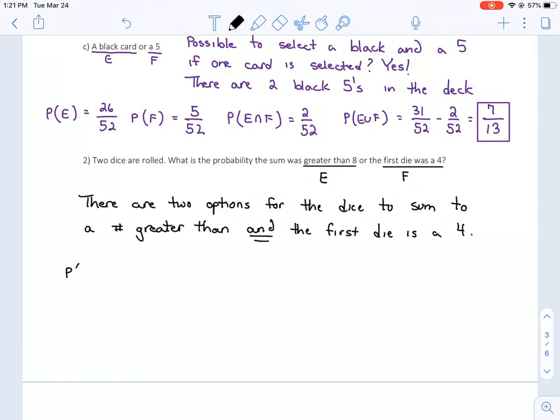So the probability that the sum is greater than 8 is 10 divided by 36. The probability that the first die was a 4 is 6 divided by 36. And the probability that the sum was greater than 8 and the first die was a 4 is 2 out of 36.